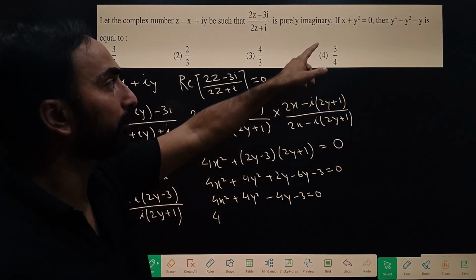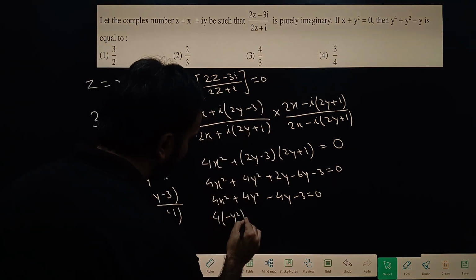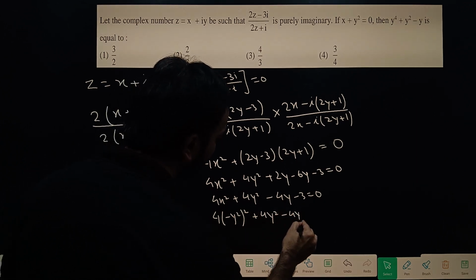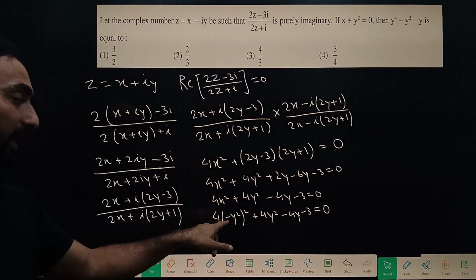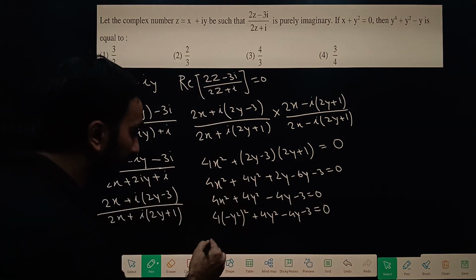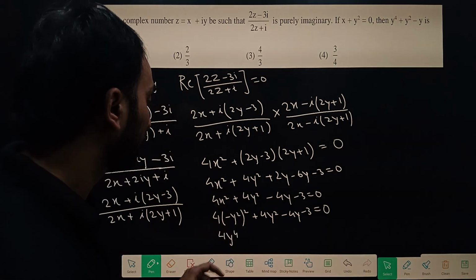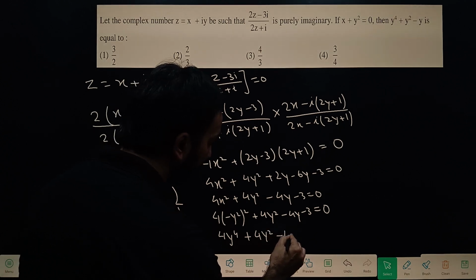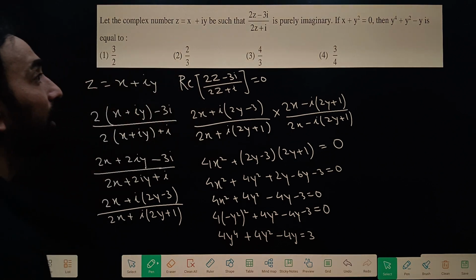In place of x, I am writing -y². So we write 4(-y²)² + 4y² - 4y - 3 = 0. (-y²)² is a positive term, so we get 4y⁴ + 4y² - 4y = 3.